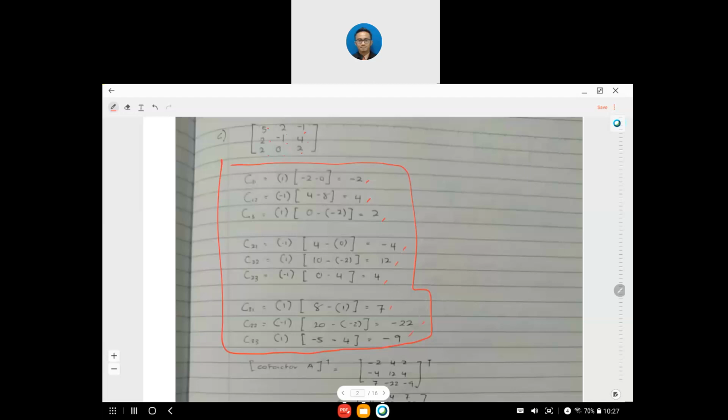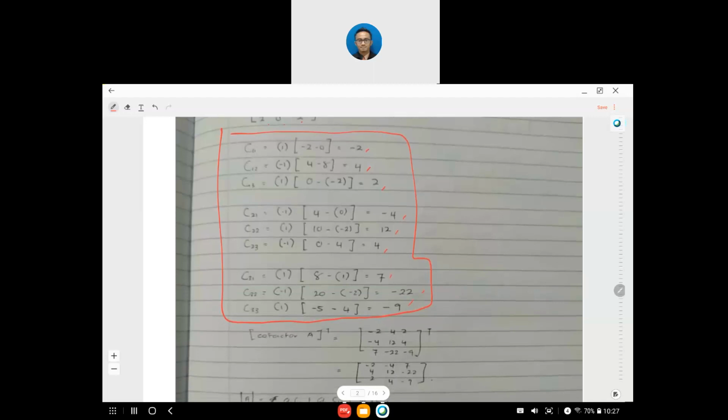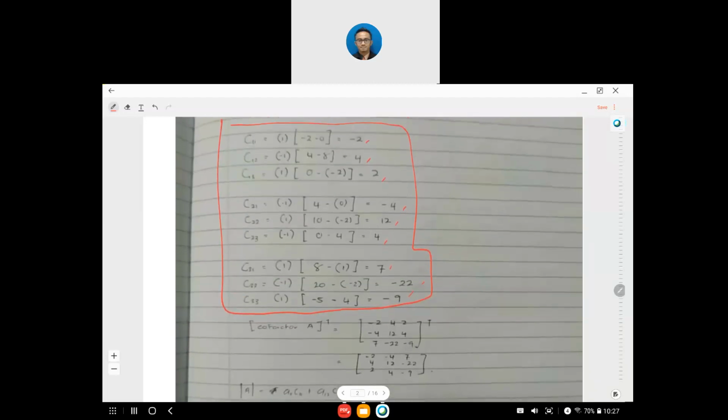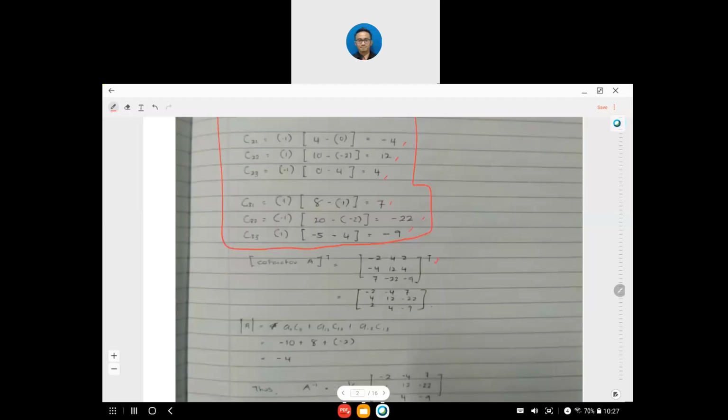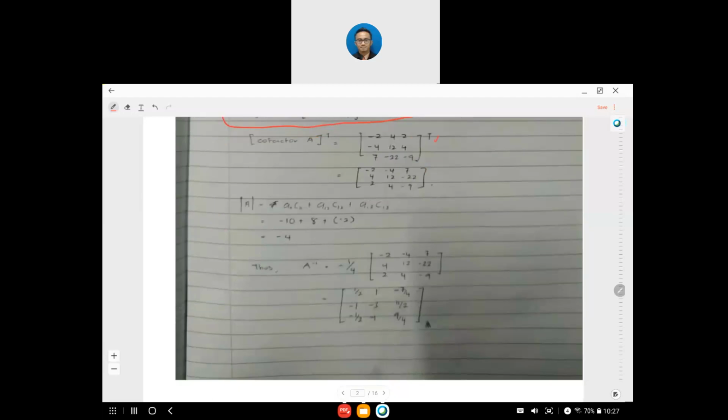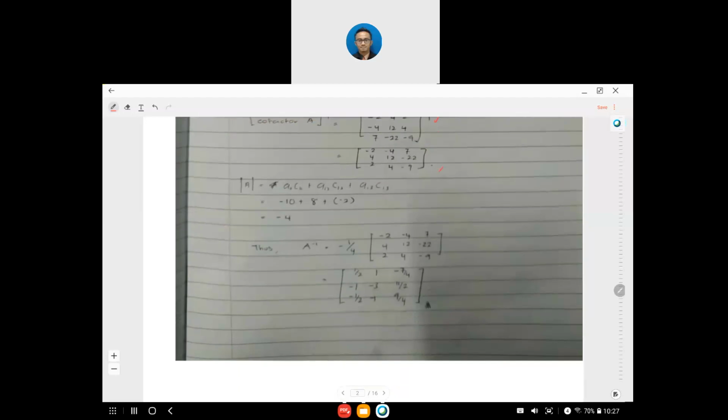Okay. After that, we transpose this cofactor. Okay, first you put in the matrix all the values of cofactor, and then we need to transpose. After you transpose, you can get this value. Okay, -2, -4, 7, 4, 12, -22, 2, 4, and -9. Okay, and then you need to find what is the determinant.